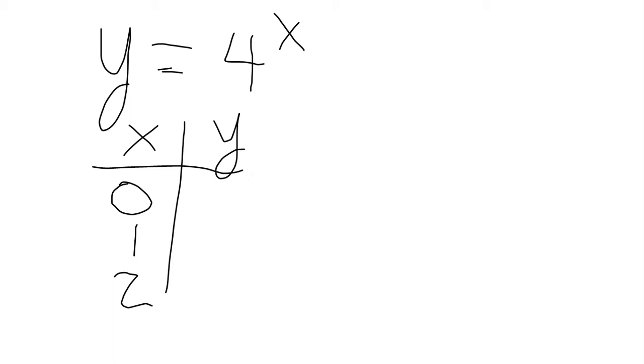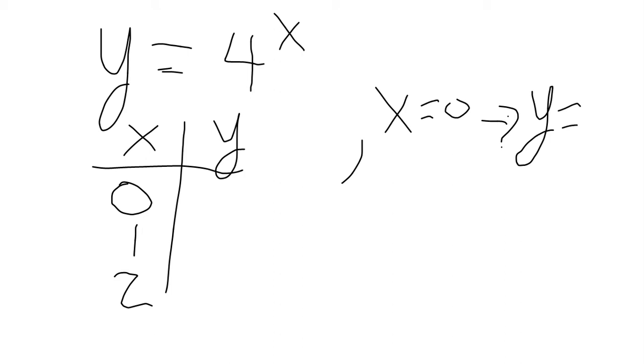Now when I plug these in, if I plug in 0 for x, that will lead us to the equation y equals 4 to the 0th power. If you remember our exponent rules, anything to the 0th power just equals 1. So we get our first y value. Now let's go to when x equals 1.